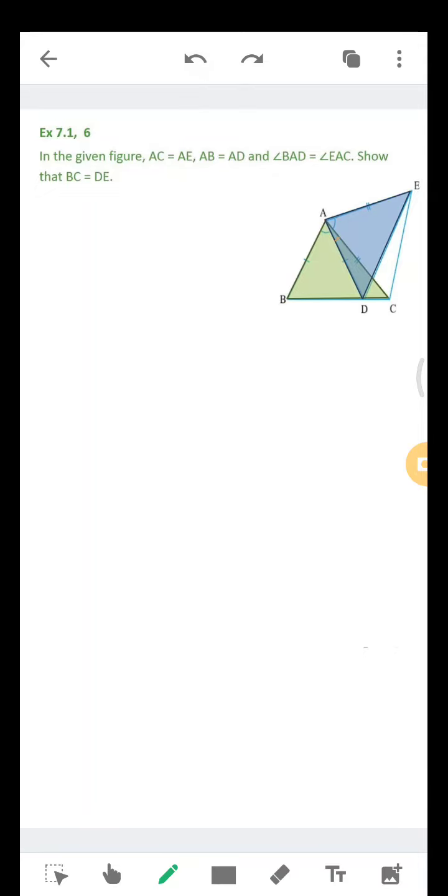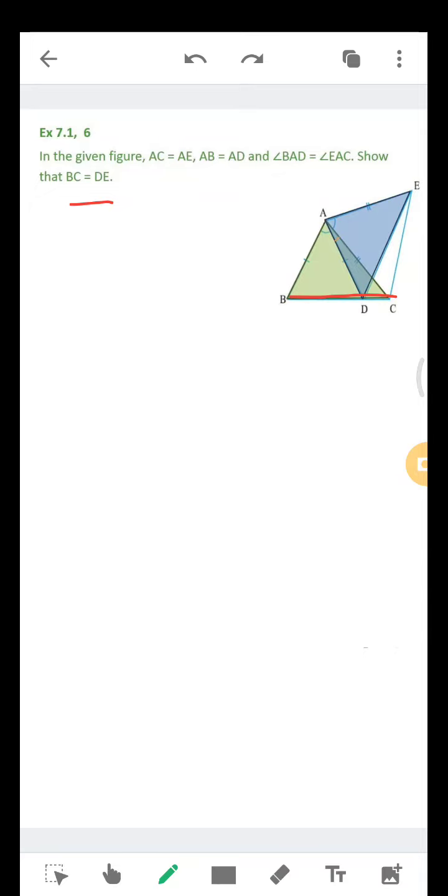So BAD means this angle is equal to EAC. Now you can observe he is asking us to show that BC is equal to DE. We have to prove BC is a part of triangle ABC and DE is a part of triangle ADE. So if I prove these two triangles are congruent, ABC and ADE, I can say BC is equal to DE by CPCT.